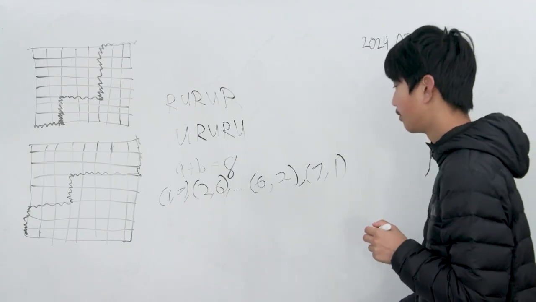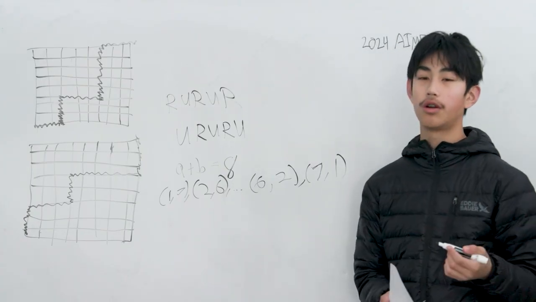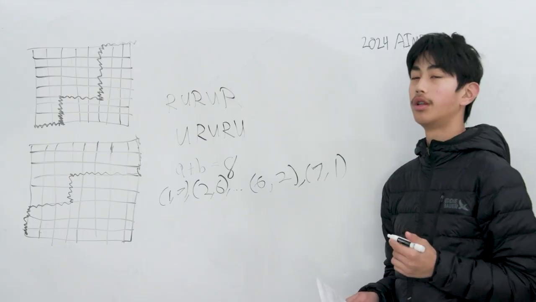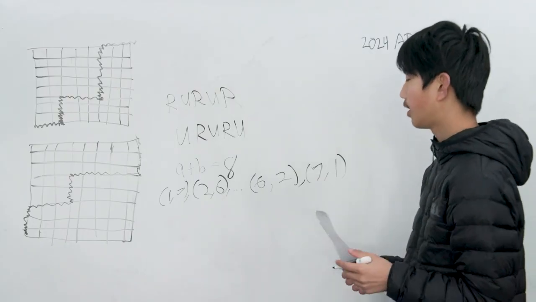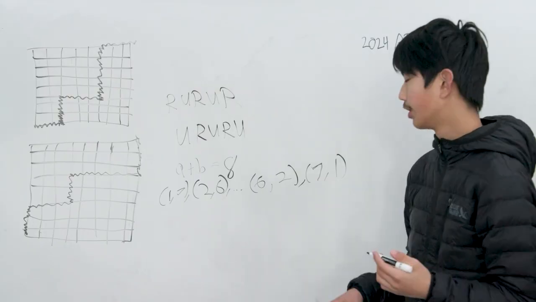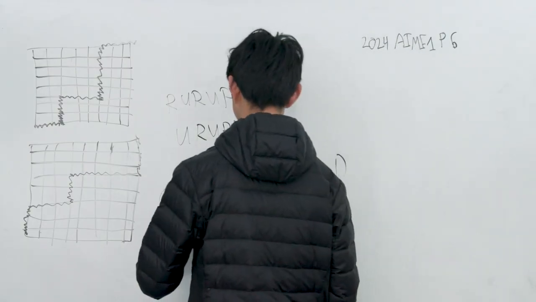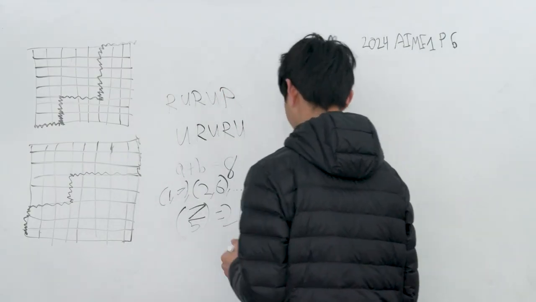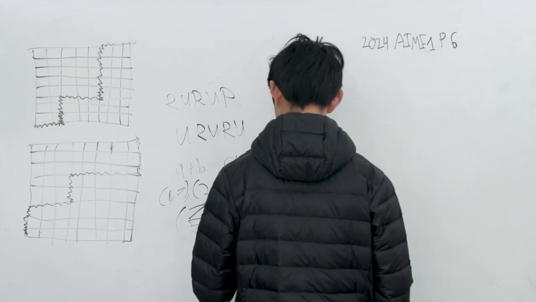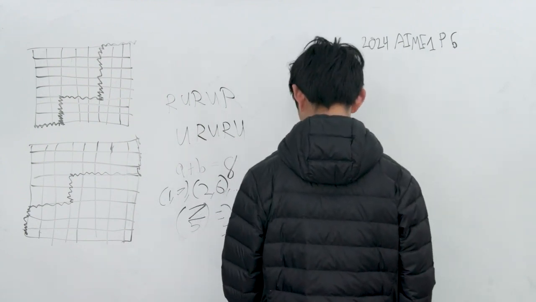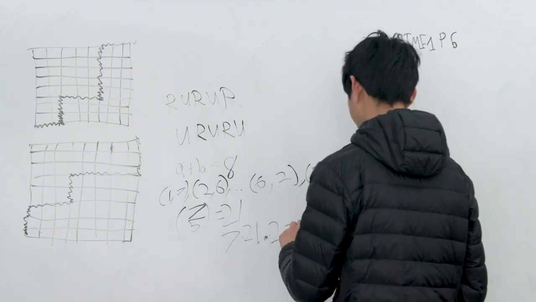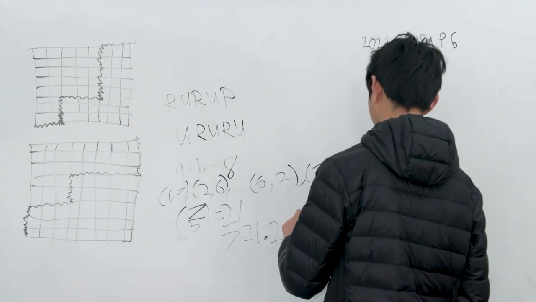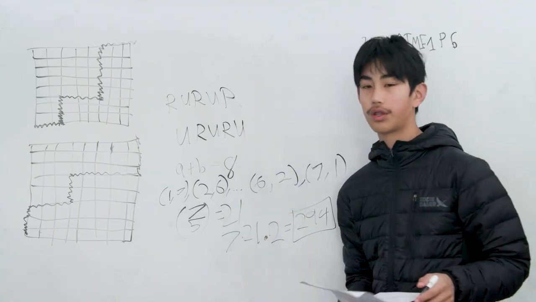So, we can subtract one from each, and then just use stars and bars. The stars and bars technique gives us 7 choose 5, which is 21. So our answer is going to be 7 times 21 times that 2 from earlier, which is equal to 294. That is our answer for this problem.